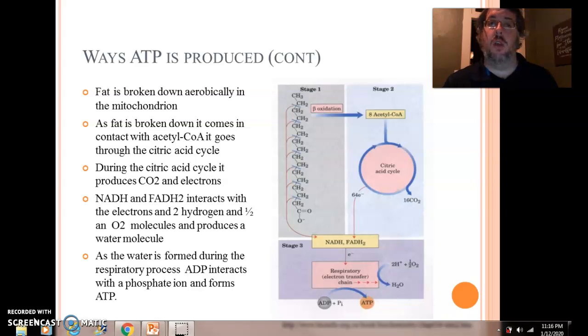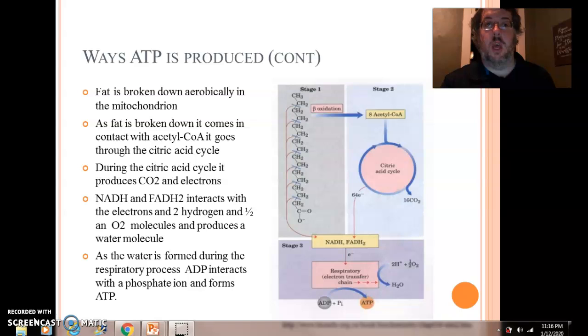The respiratory chain produces water as a product, and it also produces ATP during this process.